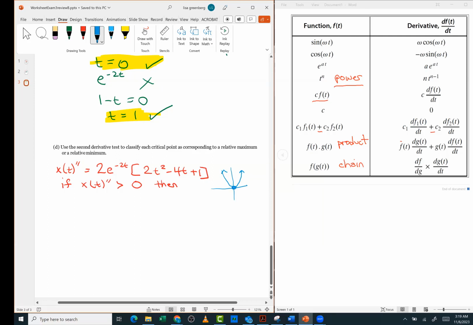So if the second derivative is greater than 0, then we have a local or relative, they mean the same thing, minimum.